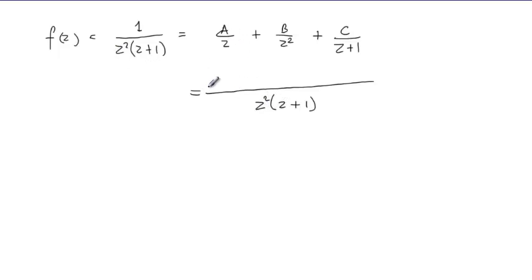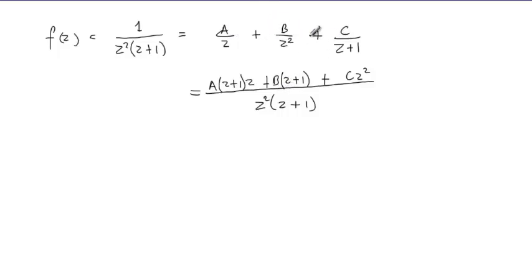Here we get z times z plus 1 times a, plus b times z plus 1, plus c z squared.